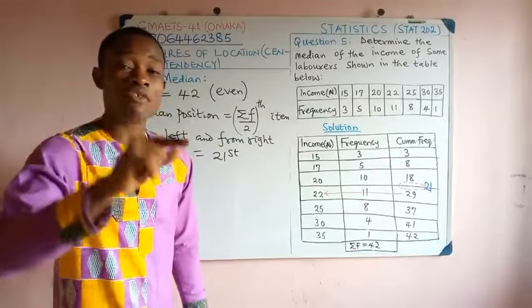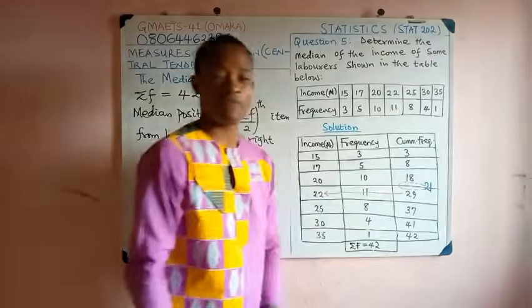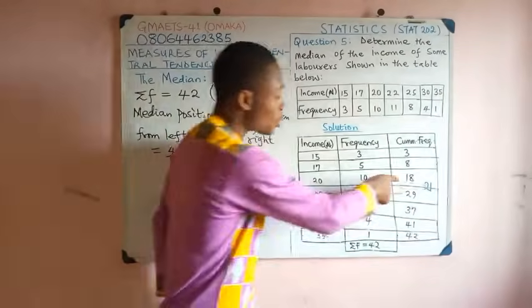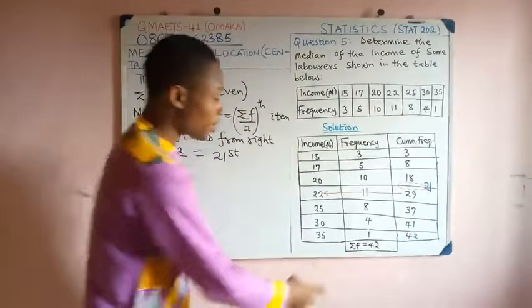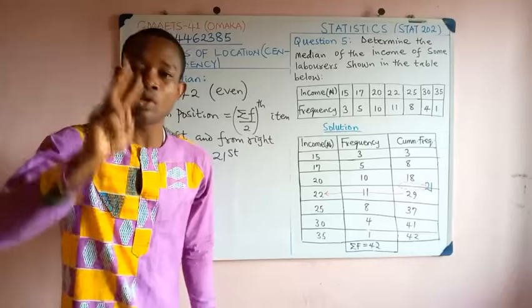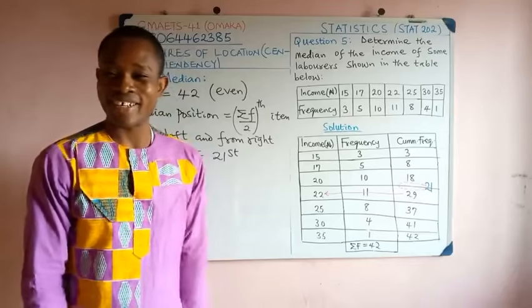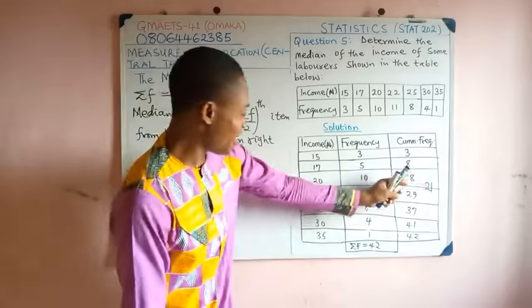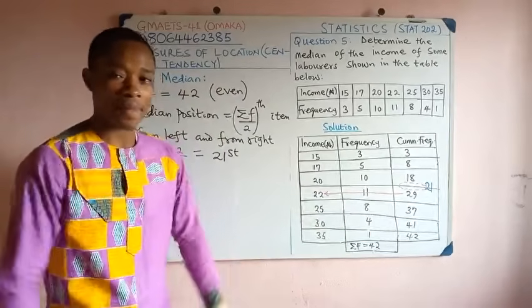Because when we did summation f over 2, the number we got, which is the 15th position, appeared in the cumulative frequency column. In this case, the 21 did not appear there directly. And you know that because summation of f is an even number, you must add 2 middle numbers and divide by 2. Take their average to get the median. So what do we do here? Are we going to say, okay, pick the income of 18, pick the income of 21 and divide by 2? You don't do that.